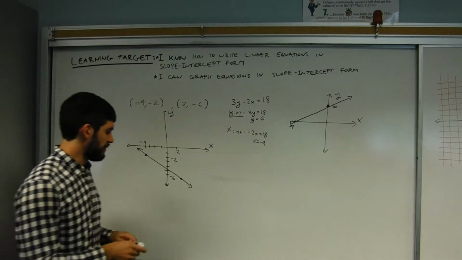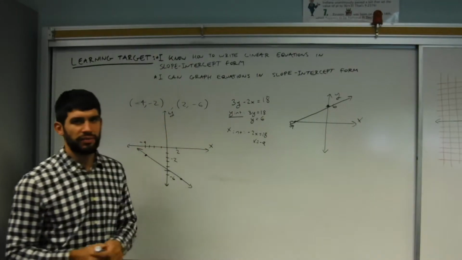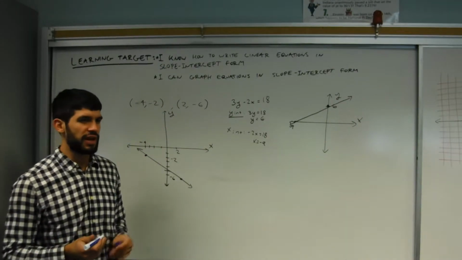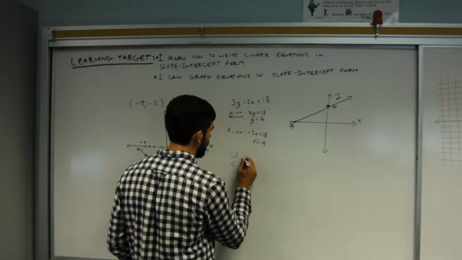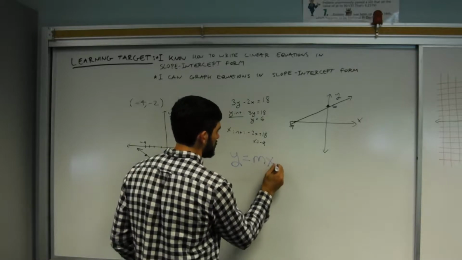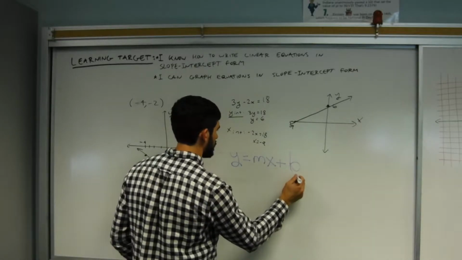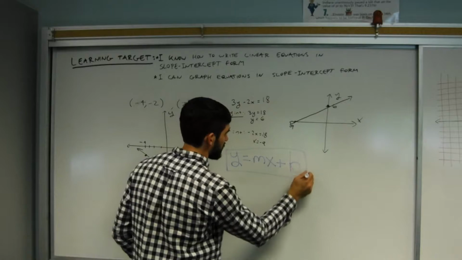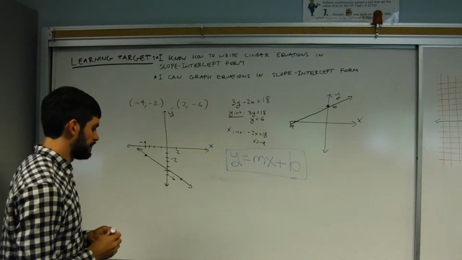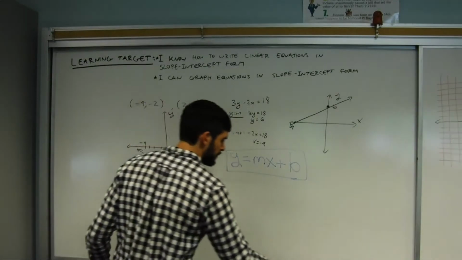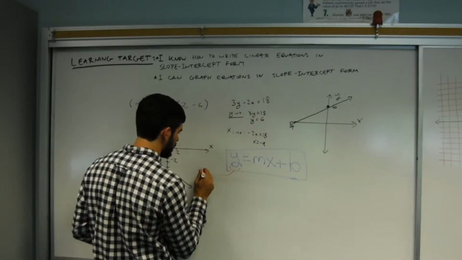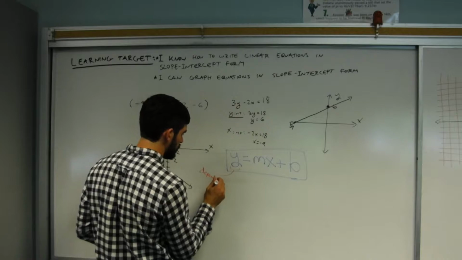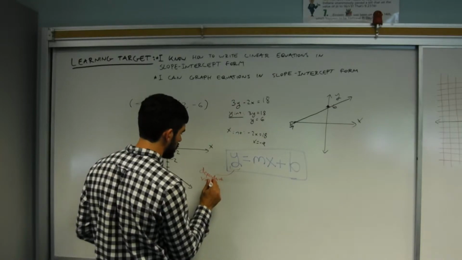But we do have another way that I find really helpful, and which I personally find to be the fastest. That is most useful if our line is already in slope-intercept form, which once again looks like this. In slope-intercept form, y is our dependent variable.